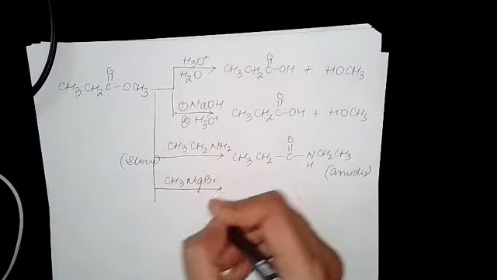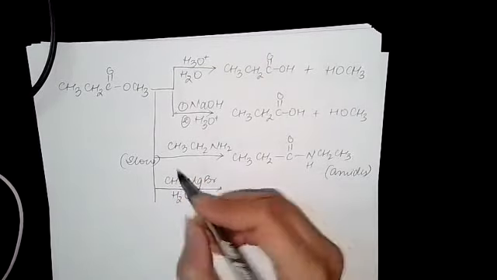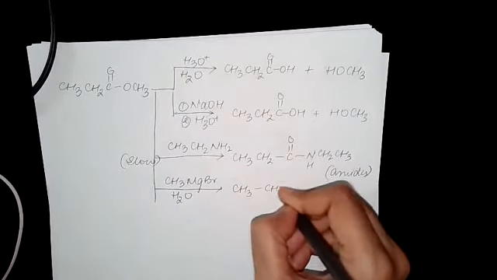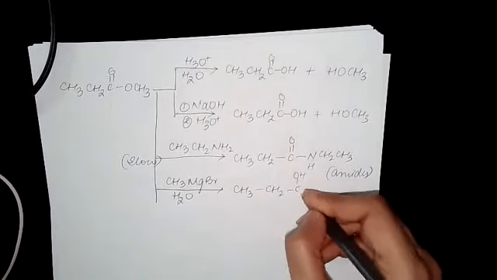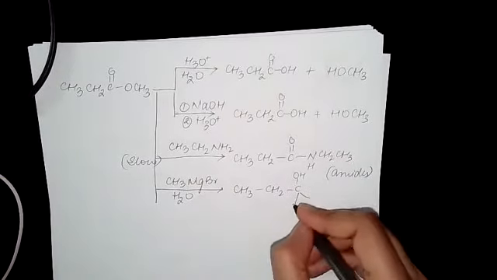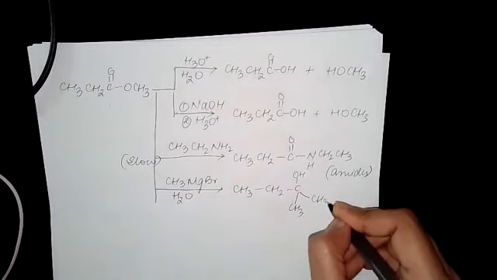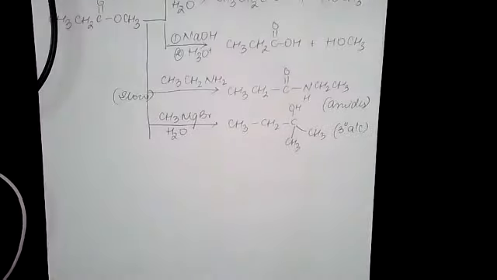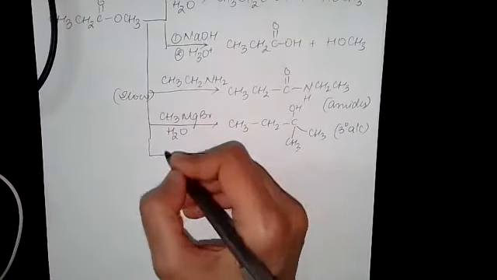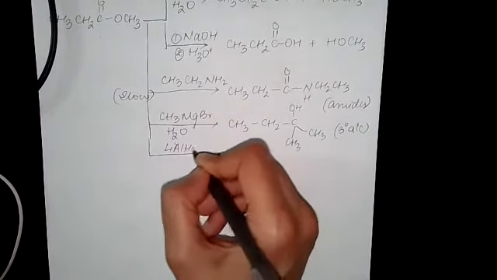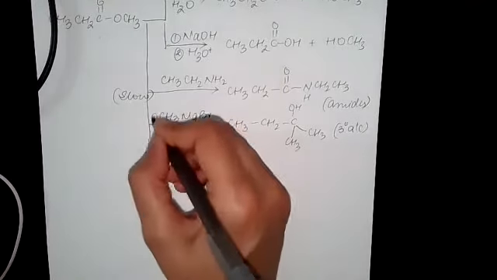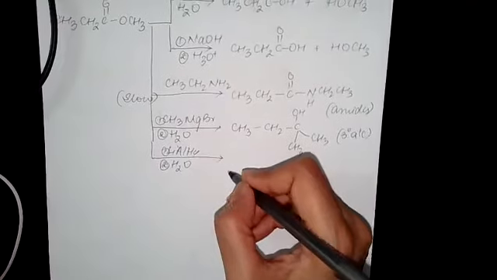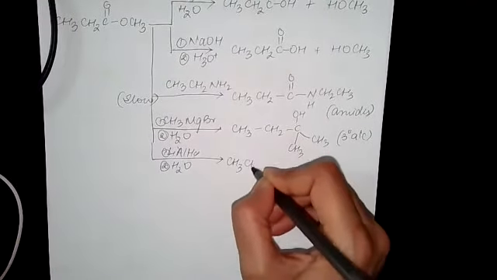Looking at the Grignard reaction, again, we're just going to attack this. You're going to get your tertiary alcohol. Using lithium aluminum hydride, we are going to get our primary alcohol.